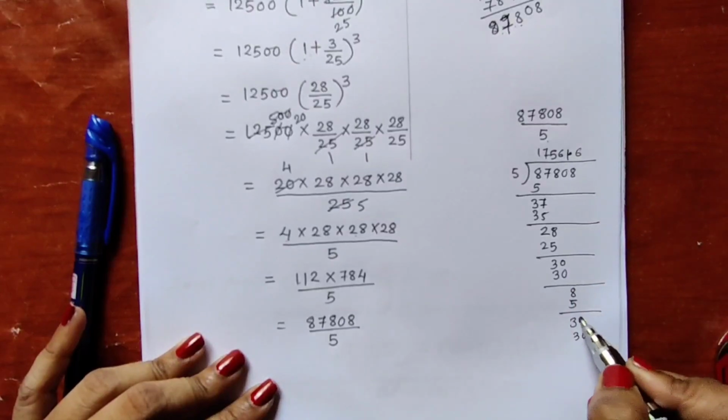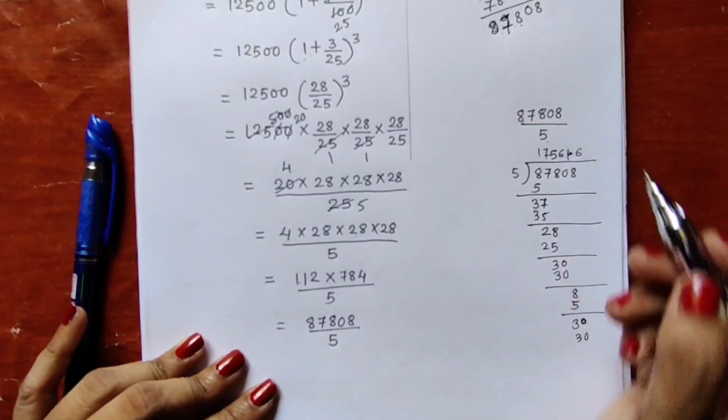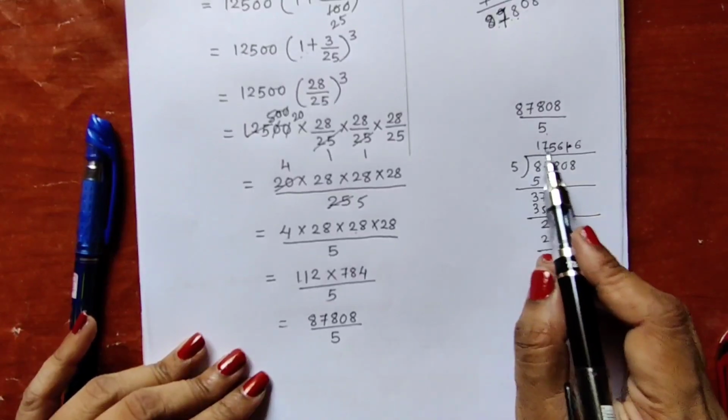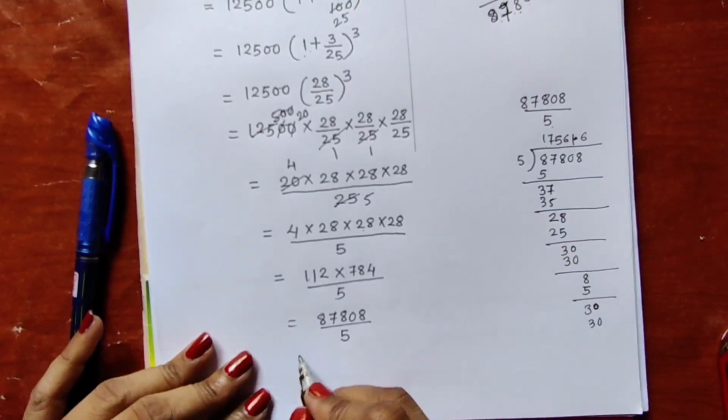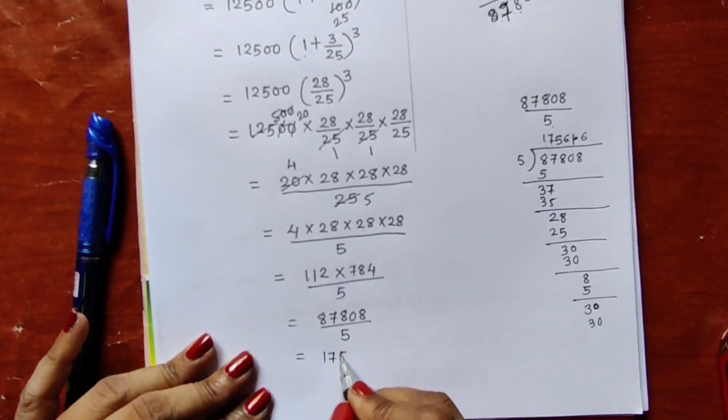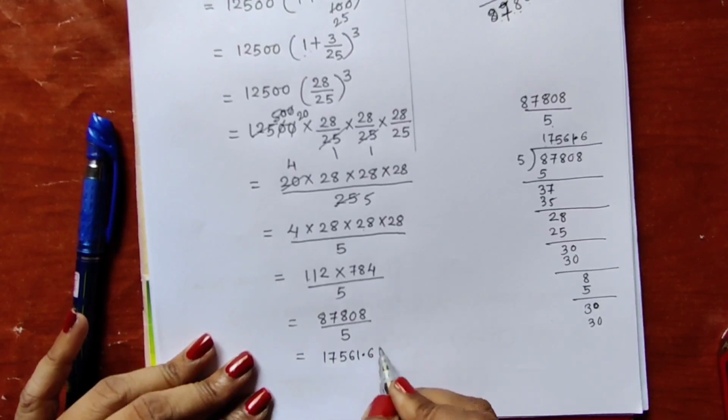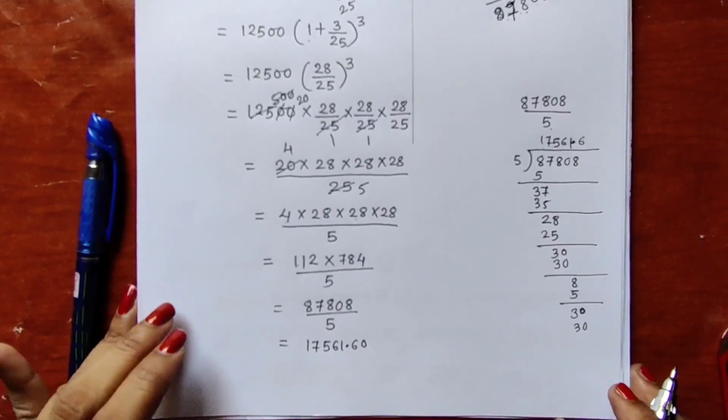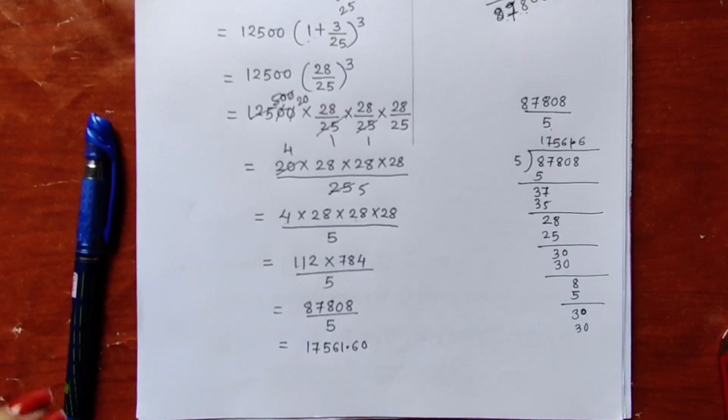Because 3 remaining we have to put 0 here, and for this 0 we have to put the point. So we are getting 17561.60. So this is the amount which Samir Rao has to pay.